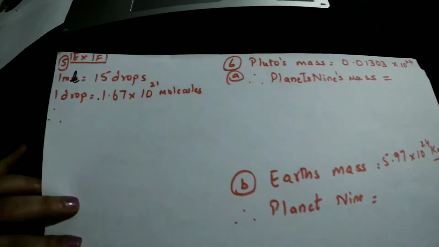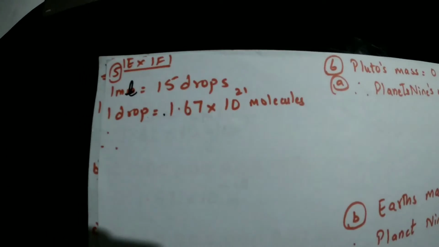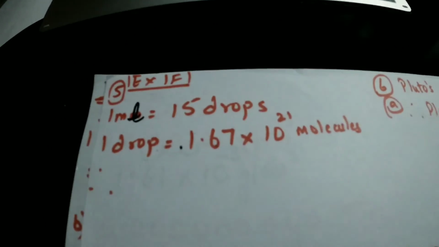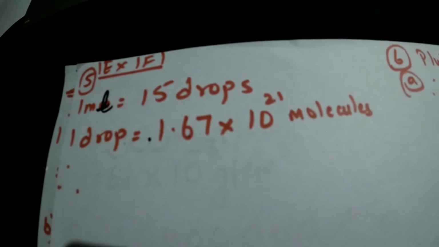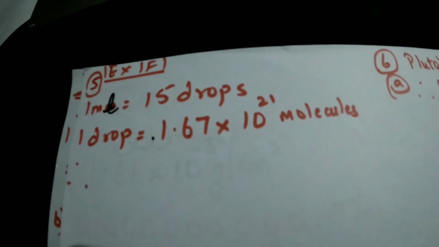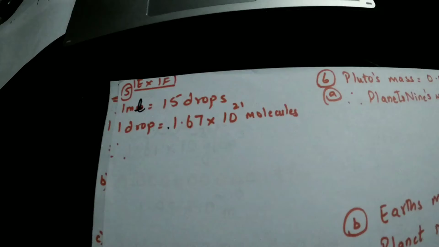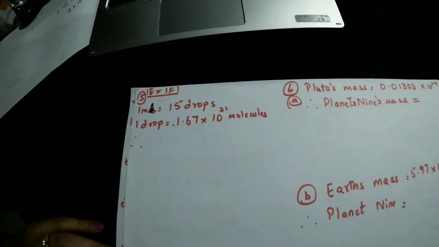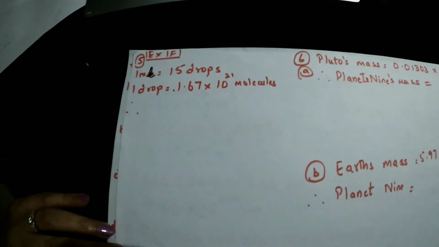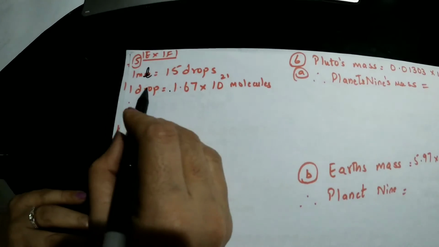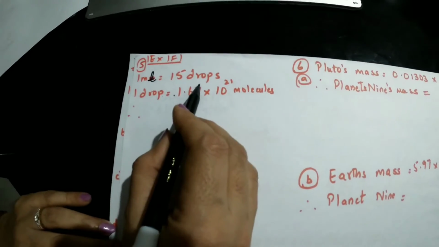I'll read out the sum for you. 1 milliliter has 15 drops. 1 drop of water has 1.67 into 10 raised to 21 H2O water molecules. Estimate the number of molecules in 1 liter of water. So here basically 1 milliliter has 15 drops.